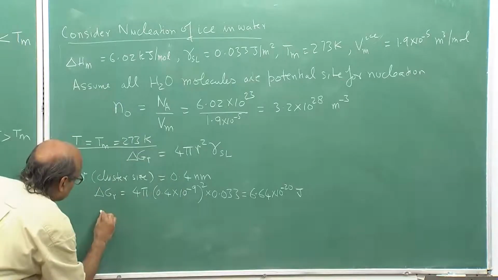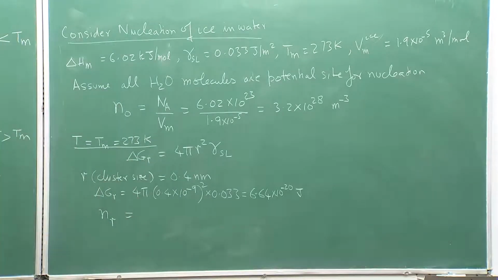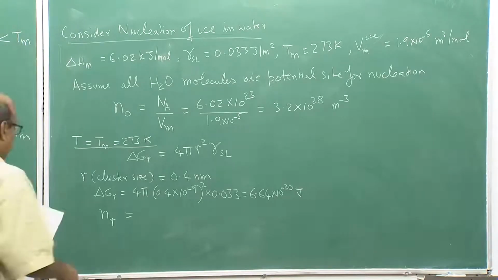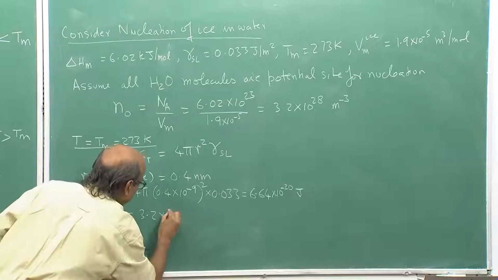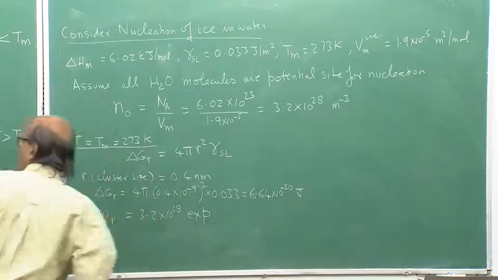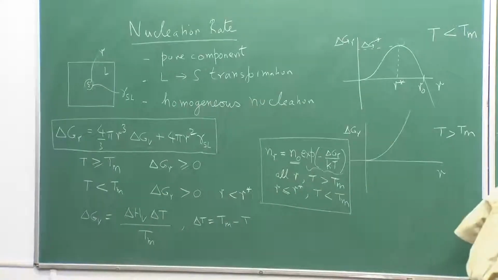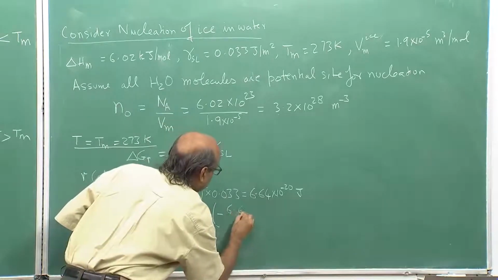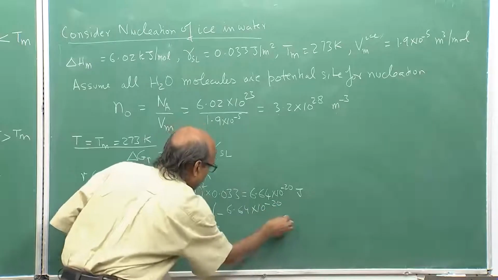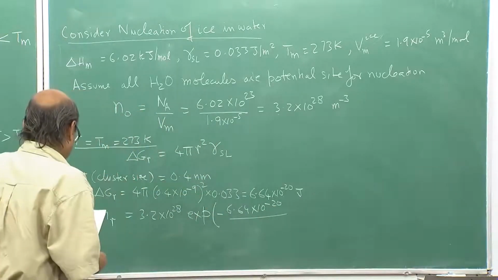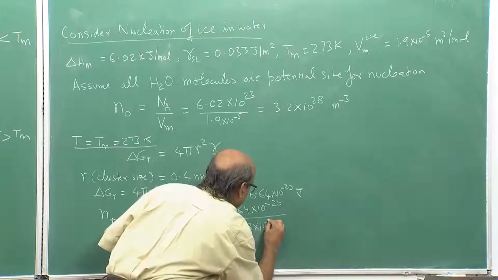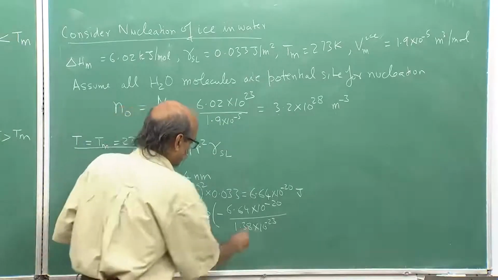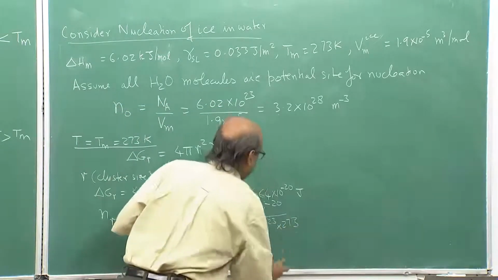So using this, NR, the density of expected nuclei at this temperature of 273 K, would be N0, which is 3.2 into 10 to power 28, times the exponential of minus delta GR, which is 6.64 into 10 to power minus 20, divided by KT, where K is the Boltzmann constant, 1.38 into 10 to power minus 23 joules per Kelvin, multiplied by the temperature, which is 273.